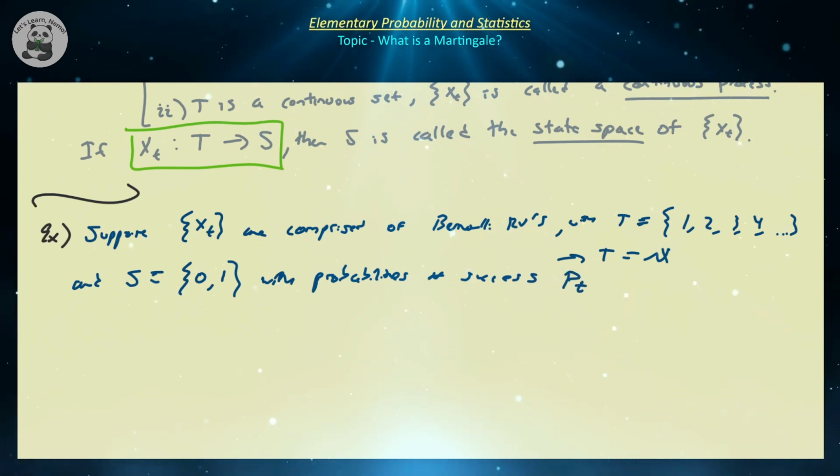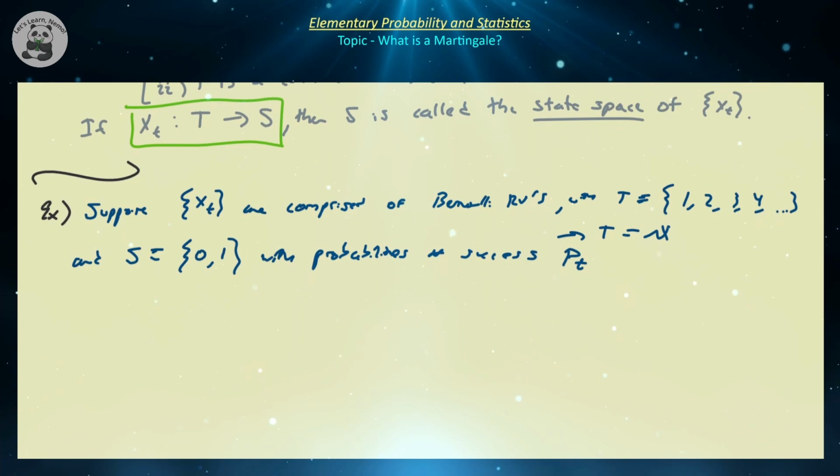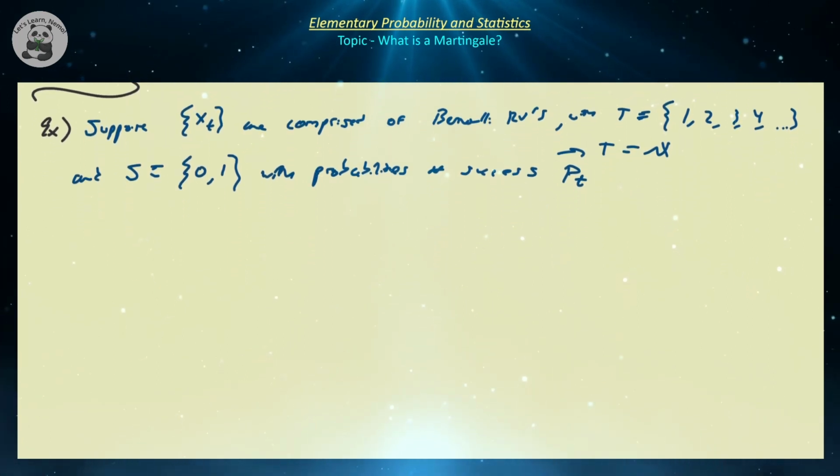Because X_1, X_2, X_3 are all Bernoulli random variables, but they don't necessarily have to have the exact same probability of success. They can all change, or they can all be the same. It doesn't really matter. For example, if we're flipping coins and they're all fair coins, then it's 50-50 for each. But you could just pick up random coins, and it's possible that some of those coins are not fair, so they might have different probabilities of success.